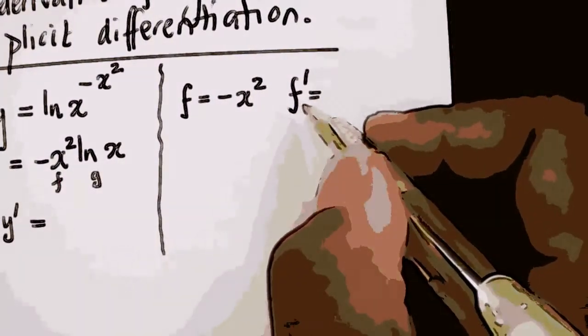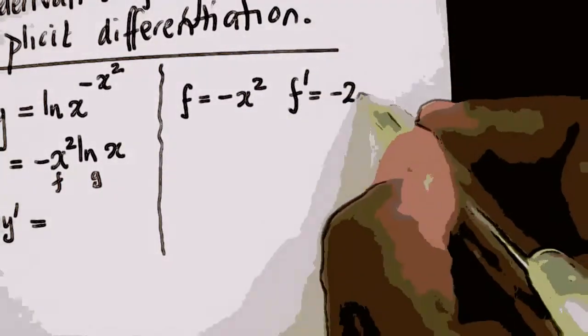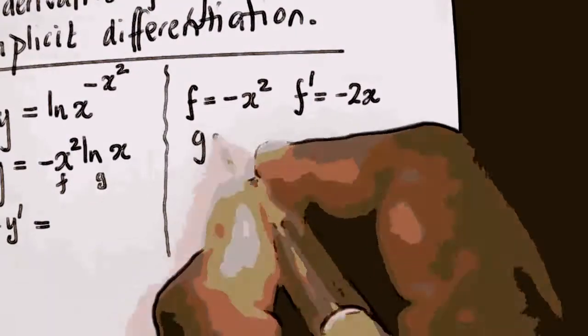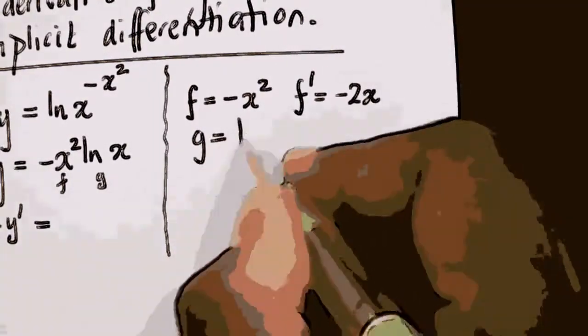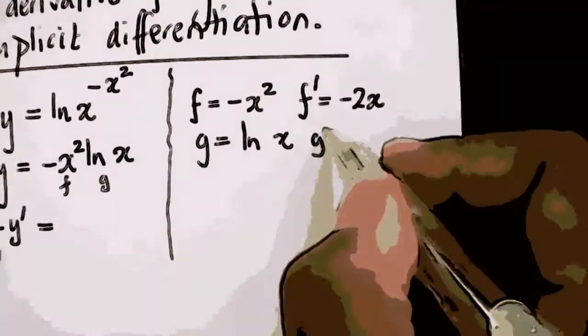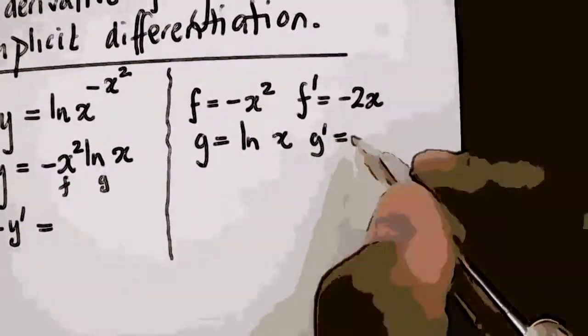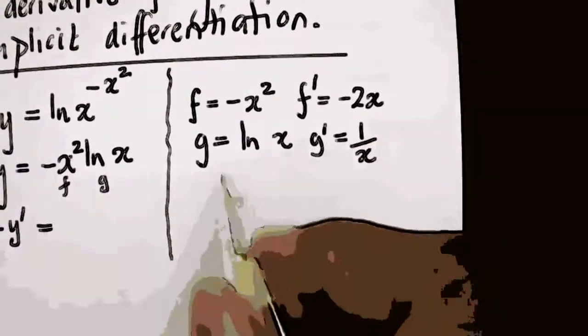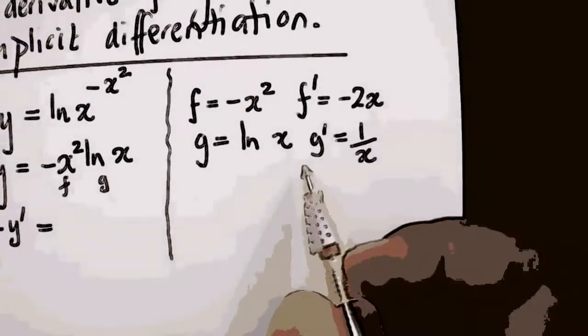Our f prime is minus 2x. Our g is ln x, so g prime is very simple. This is going to be 1 over x. Right, so we've got f prime and g prime.